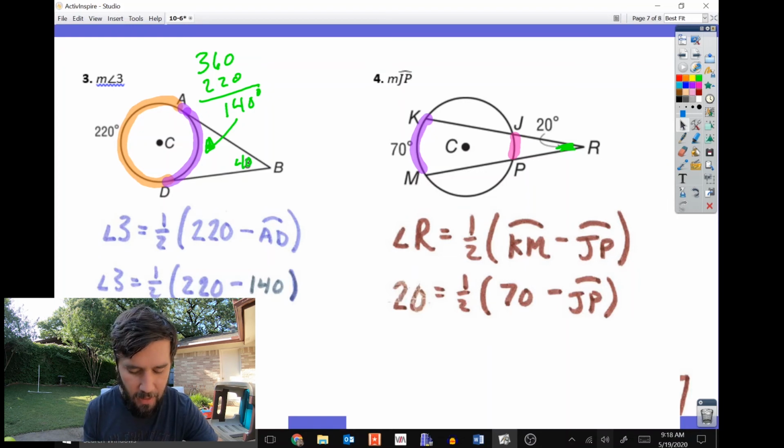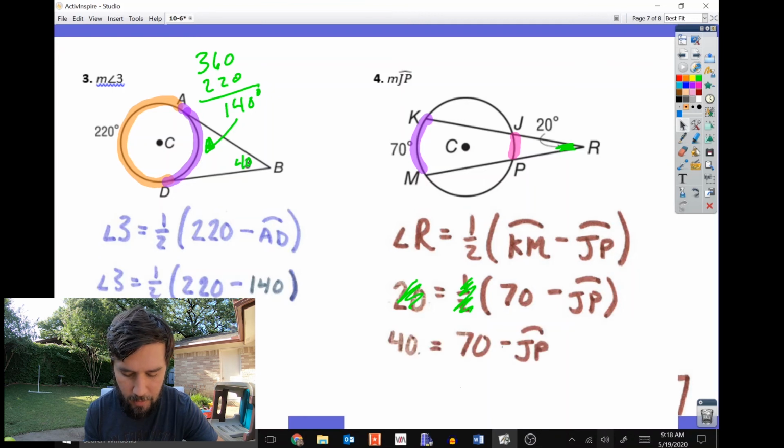So instead of doing 1/2, we're going to double the whole thing, just like we did on the second example in this lesson. We're going to get rid of the 1/2 by doubling everything. Multiply that by 2, and multiply 20 by 2, you get 40. And so if I double the whole thing, I get 40 equals 70 minus JP.